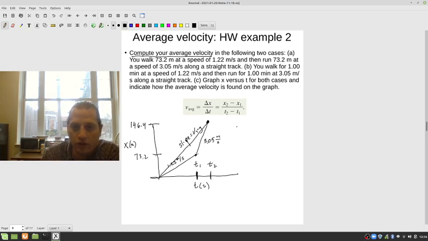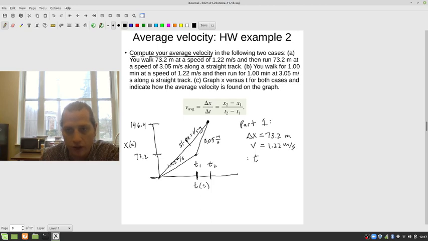Okay, well, how would I do it? Well, for part 1 of my course, I do know the delta x, which is 73.2 meters. I know the v, which is 1.22 meters per second. And then you can find the delta t.